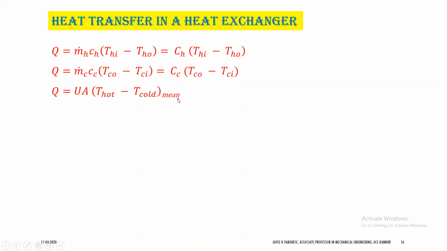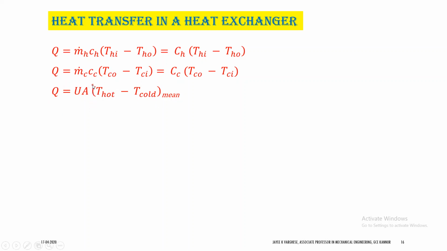I have used this mean intentionally because, as some of us know, the temperature difference of hot and cold fluids will be changing from point to point. So we need to have an average or a mean of temperature difference over the entire area.